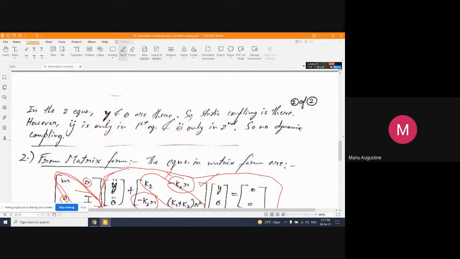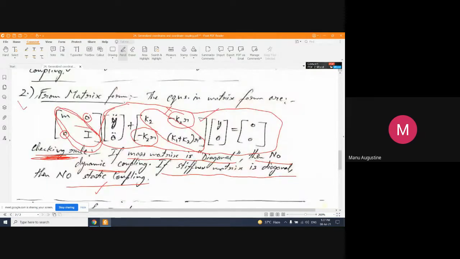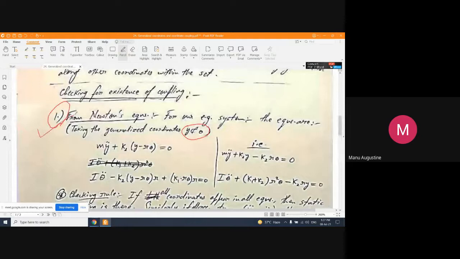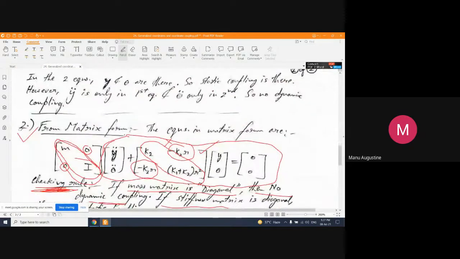So this answer is once again obtained from the second alternative test. Now please remember, test number 1 and test number 2 are alternatives to each other. Don't think that if somebody asks you for coupling, you have to do both tests.